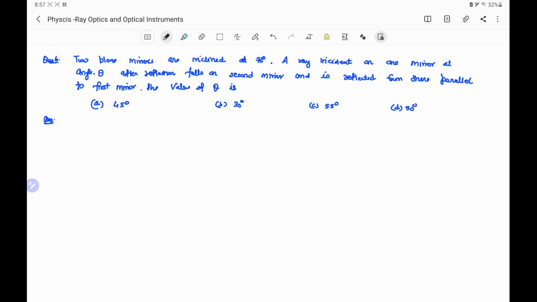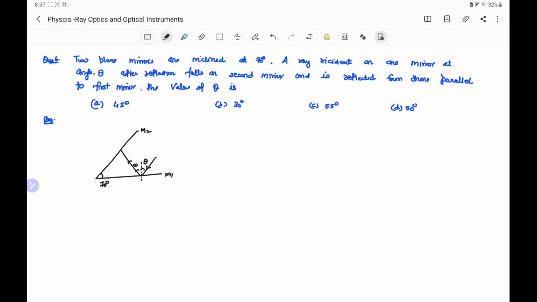Next question: two plane mirrors are inclined at 70 degree. Suppose two plane mirrors M1 and M2 are inclined at an angle of 70 degree. A ray is incident on one mirror, suppose on the mirror M1, at angle theta. So it also gets reflected at the same angle, theta.